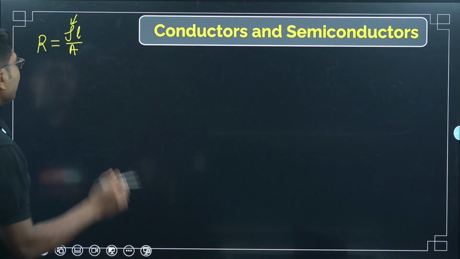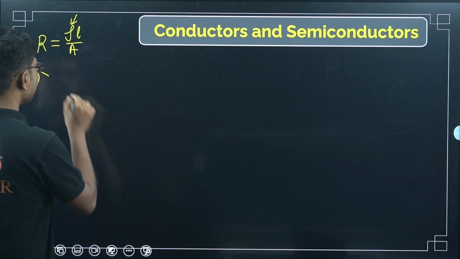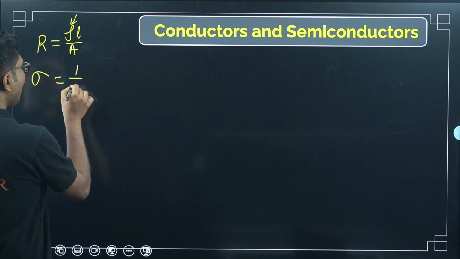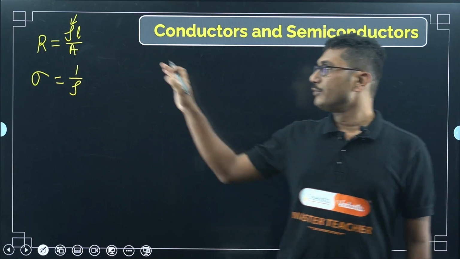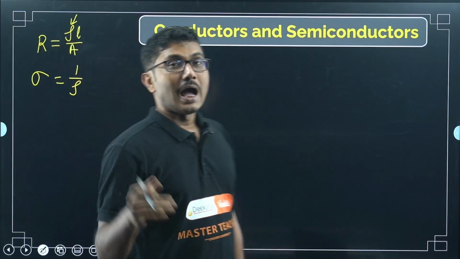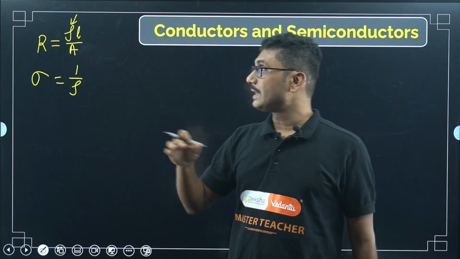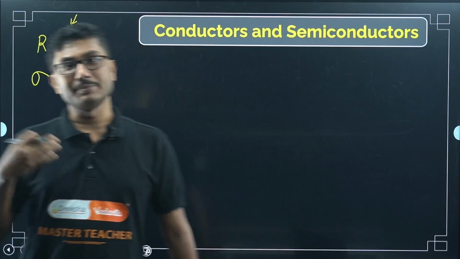And we have also learned that there is another thing called conductivity, which is denoted by the symbol sigma, and this is nothing but 1 by rho. The unit for resistivity is ohm meter, whereas the unit of conductivity is ohm inverse meter inverse.